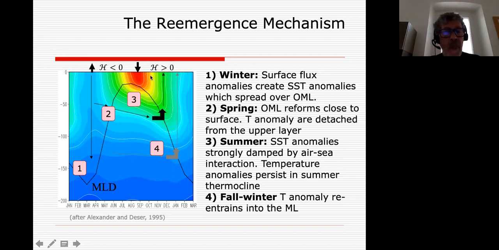In this period, the heating is again negative, and the deepening of the mixed layer involves, through entrainment, the conditions that are found here. And this condition somehow reflects the dense water, or the cool water formed during the winter.